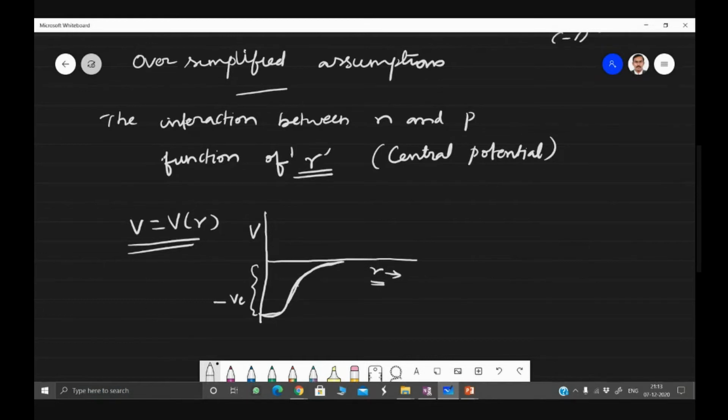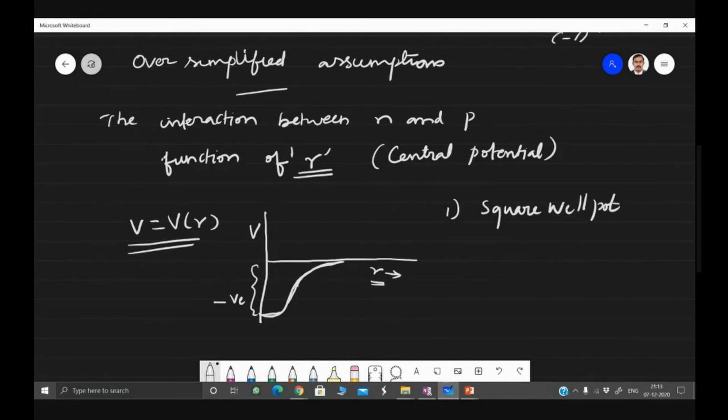The simplest potential one can consider, which is mathematically tractable, or analytically solvable, is the square well potential.